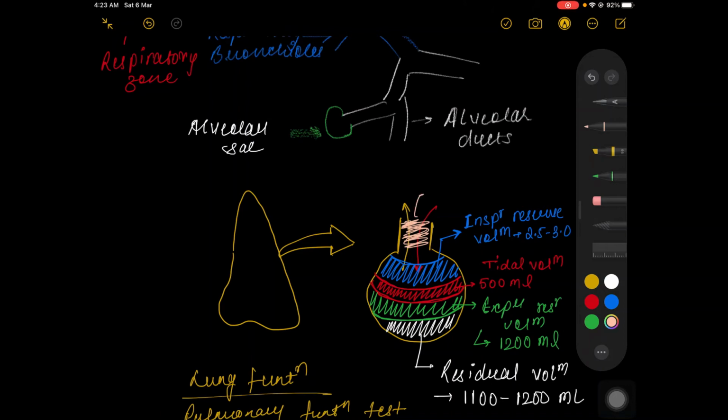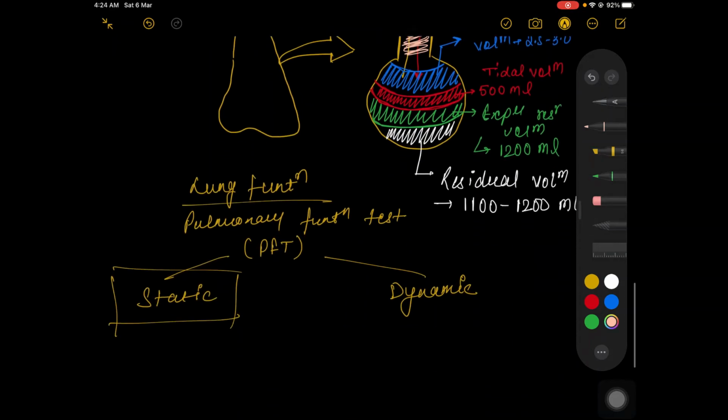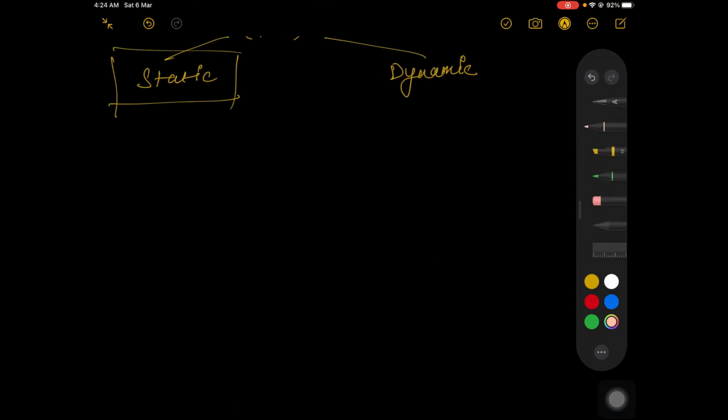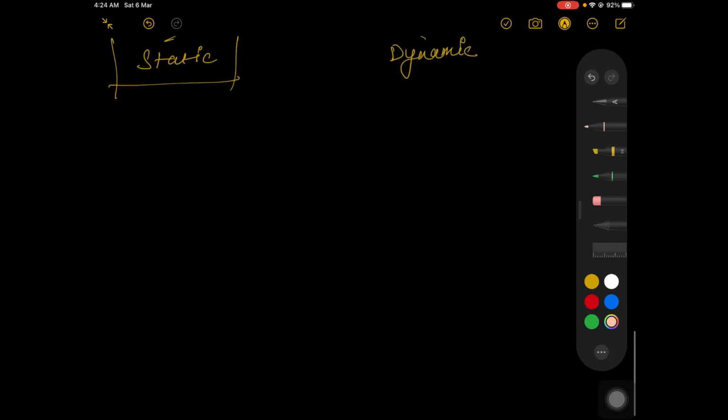This air is known as the dead space. Its value is around 150 ml. This air helps keep the lungs or the respiratory tract from collapsing. This was all about the volumes of the lung.